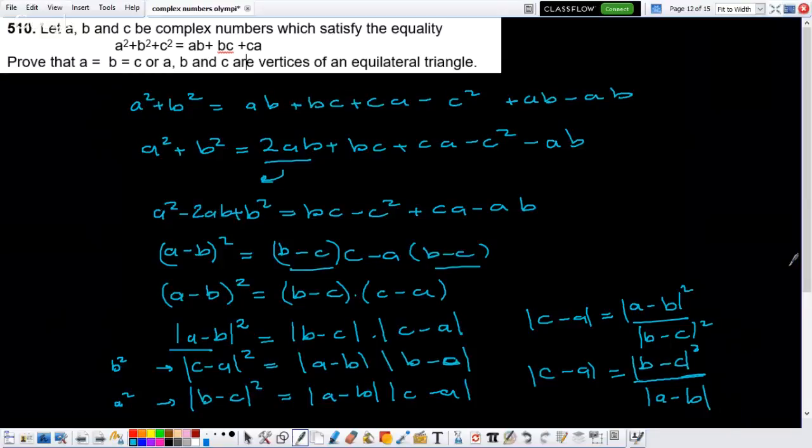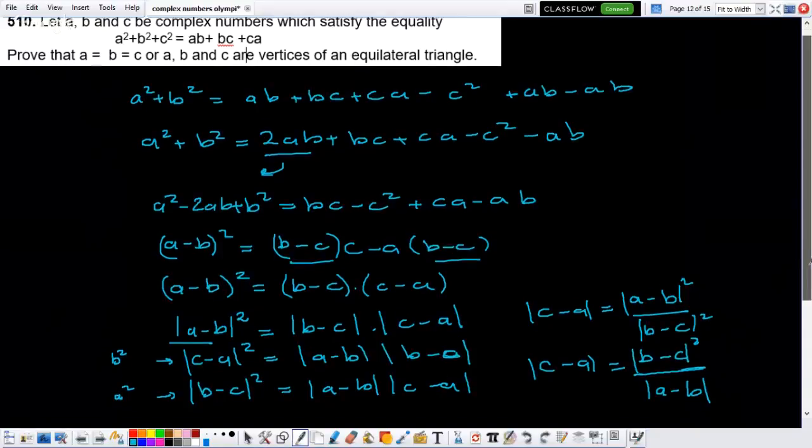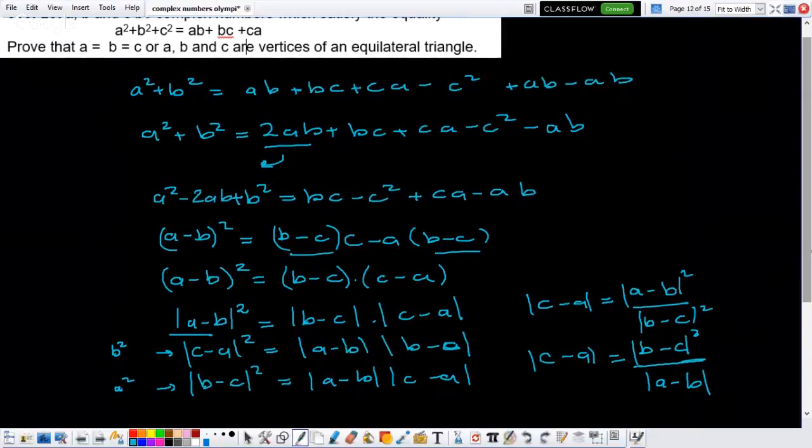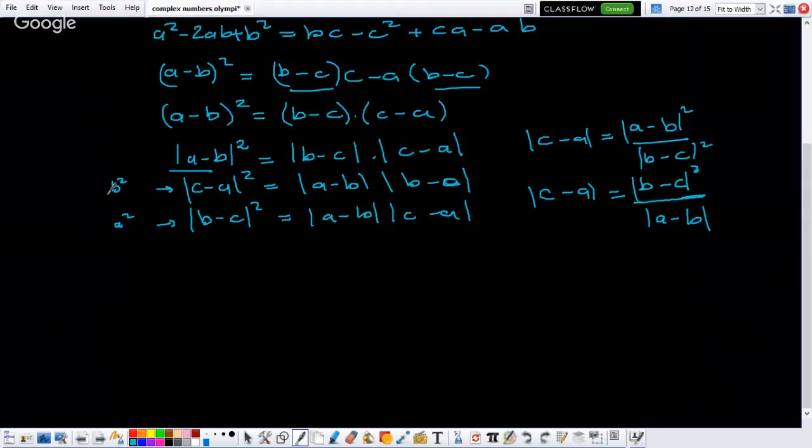So if they are equal to each other, a minus b square over b minus c, I made a mistake here, b minus c square I wrote here, modules, of course, they are equal to each other, so it's equal to b minus c square over a minus b module.